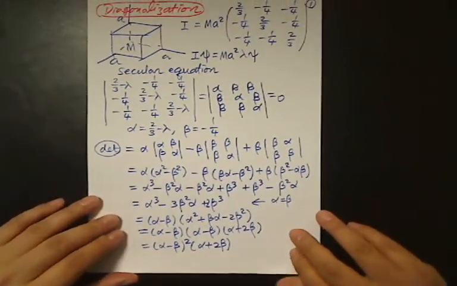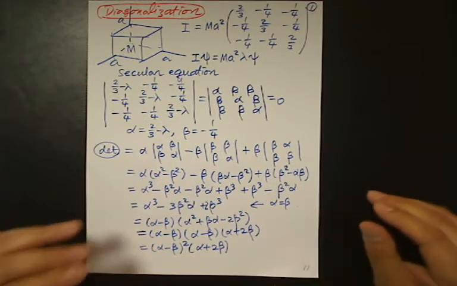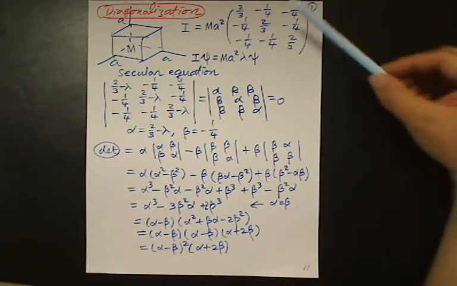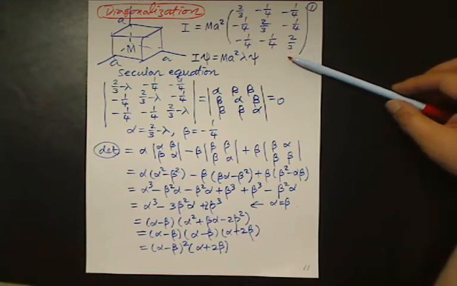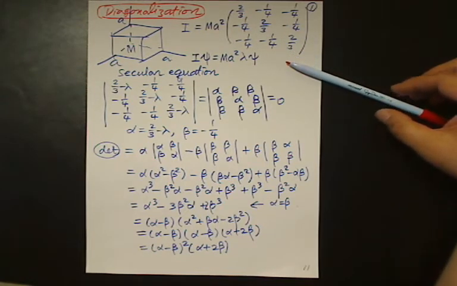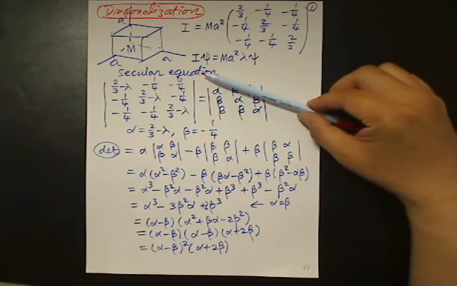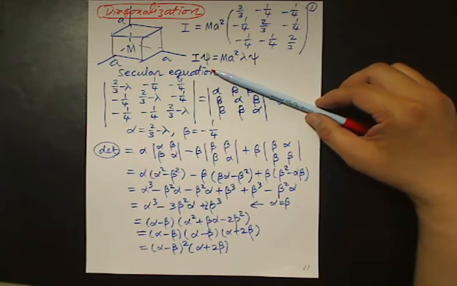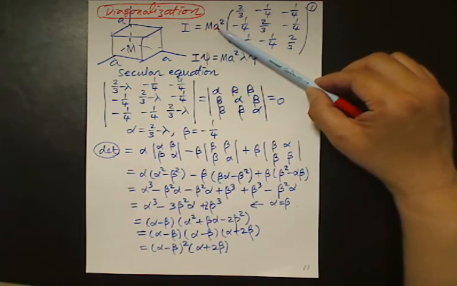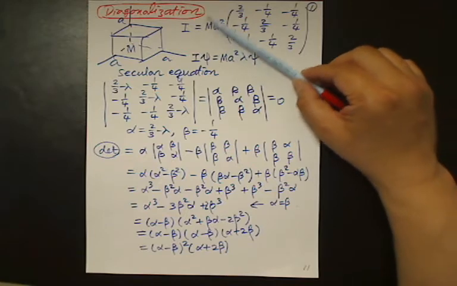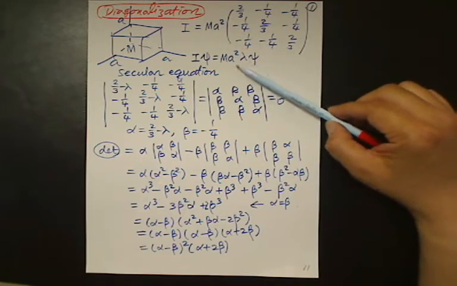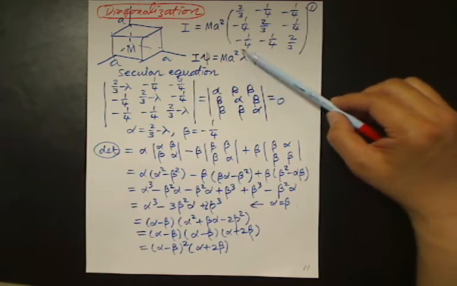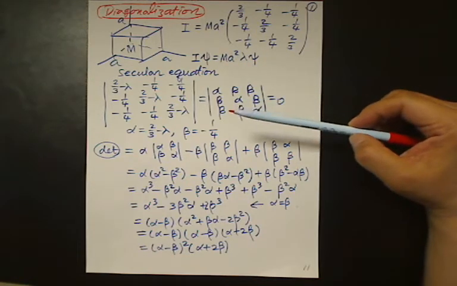Next, we consider diagonalization. We have all 9 non-vanishing elements, and if I want to diagonalize this matrix, we first introduce the eigenvalue problem. We have ma squared as a common factor, so we scale out the dimensionful quantity ma squared and find the relative eigenvalue normalized by ma squared.